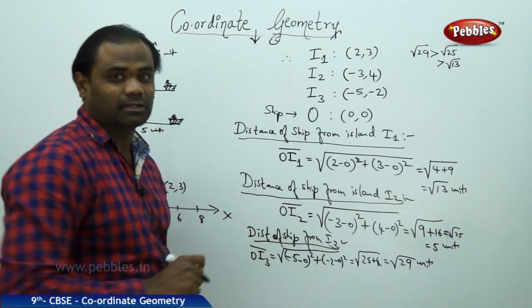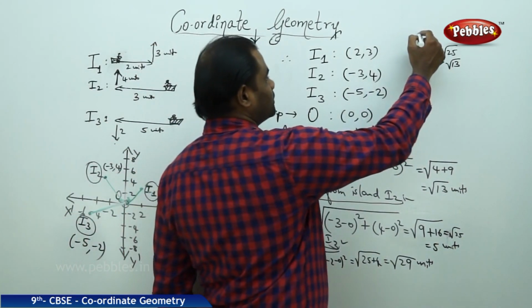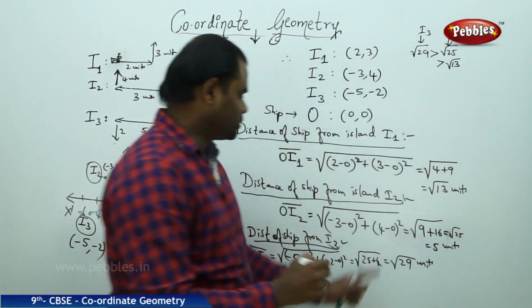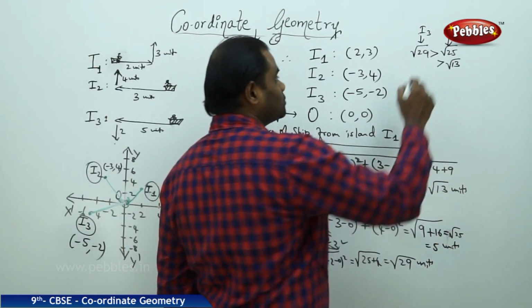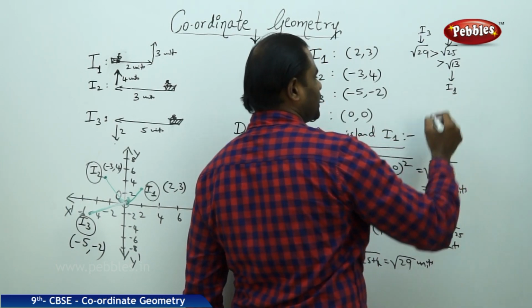Root 29 refers to island I3, root 25 refers to island I2, and root 13 refers to island I1.